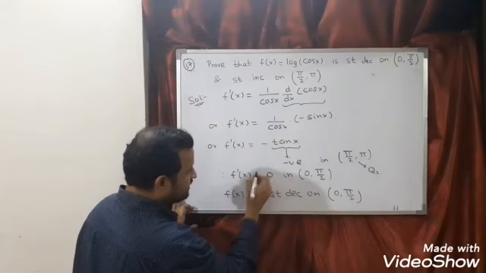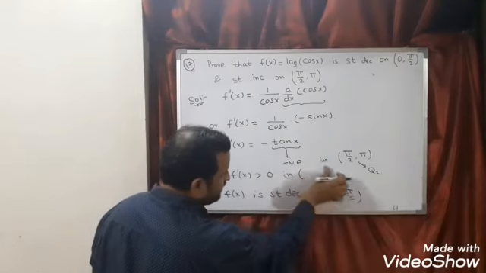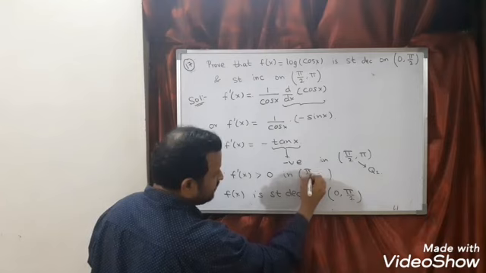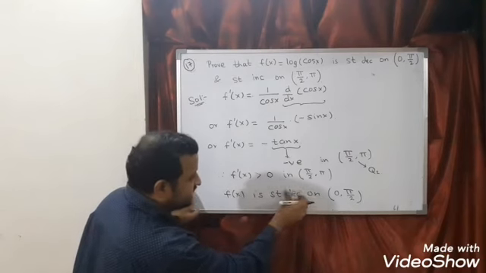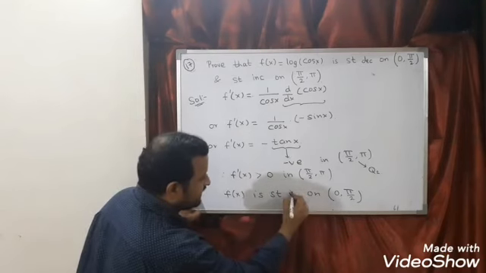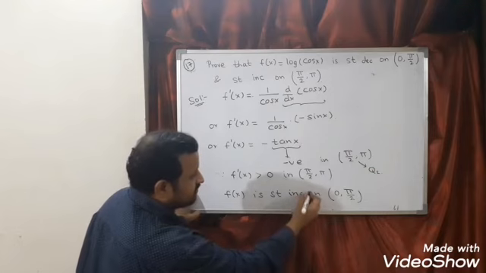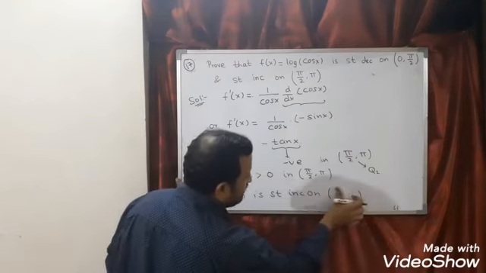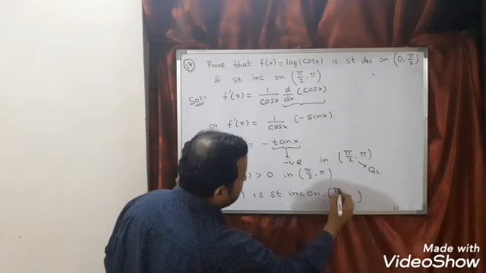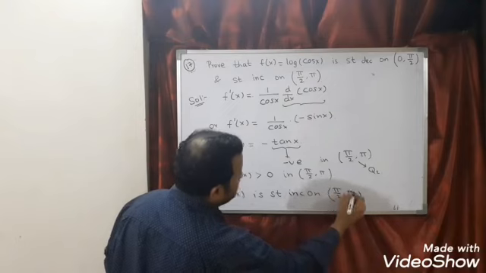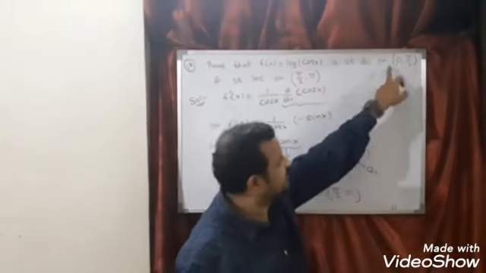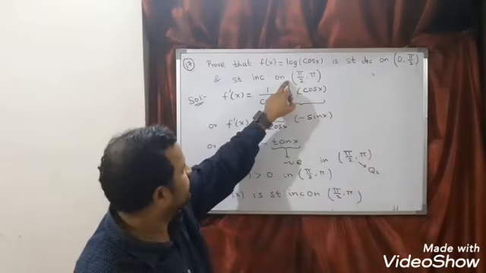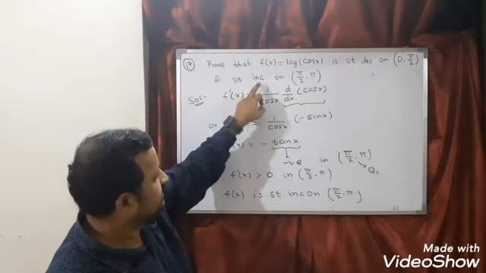So f dash x is positive in pi by 2 to pi, which is the condition for strictly increasing. All these questions are similar type. In this interval function is decreasing, and in this interval function is increasing.